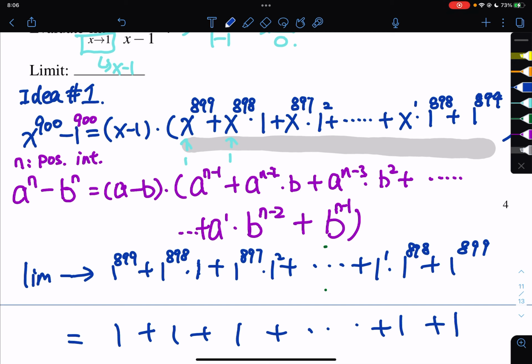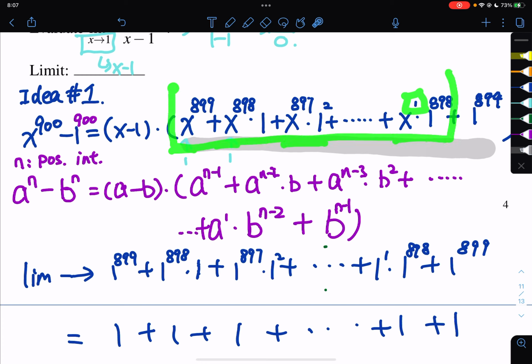So we can do a quick counting here. Well, clearly my power of x is decreasing from 899, decreasing by 1 at a time until it decreases to 1. So starting from 899, I have every single integer that goes smaller than this until 1. So that's 899 terms.